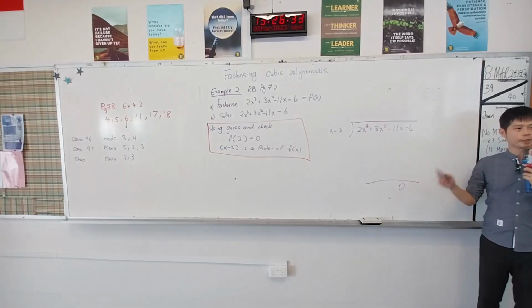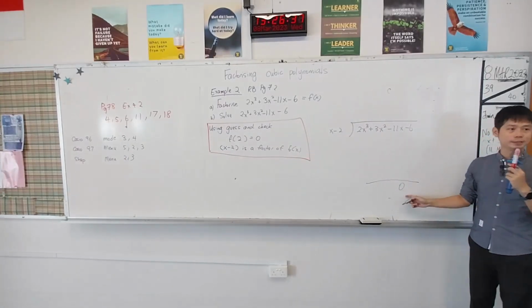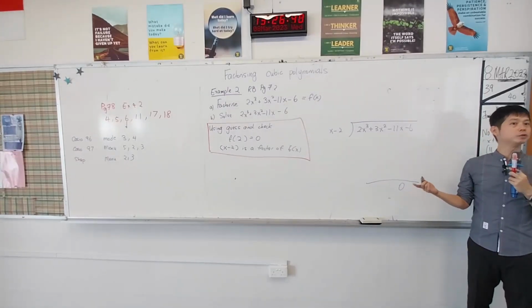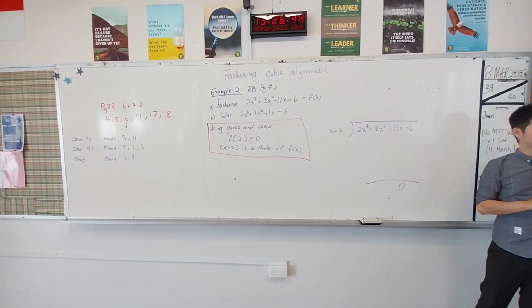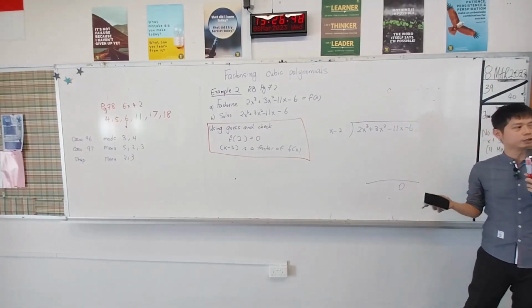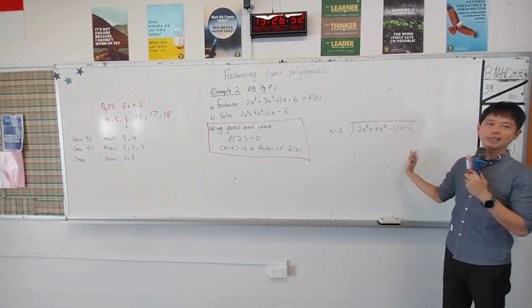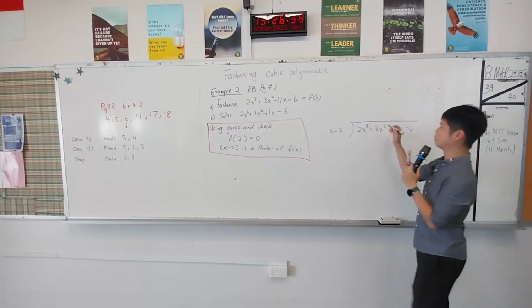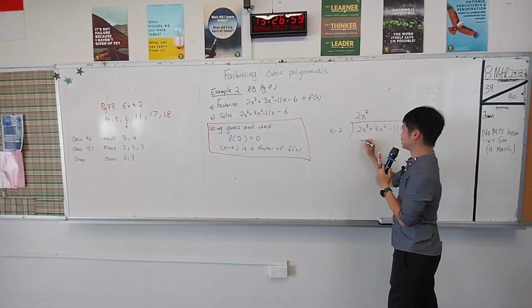Yes, the remainder must be 0 because x minus 2 that I'm using is a factor already. What happens if you don't get 0? Then you better freak out. That means you did the long division wrongly, which I love because I can check whether I did the long division correctly or wrongly. Otherwise I'll lose my teacher's license. Okay, there's no such thing.